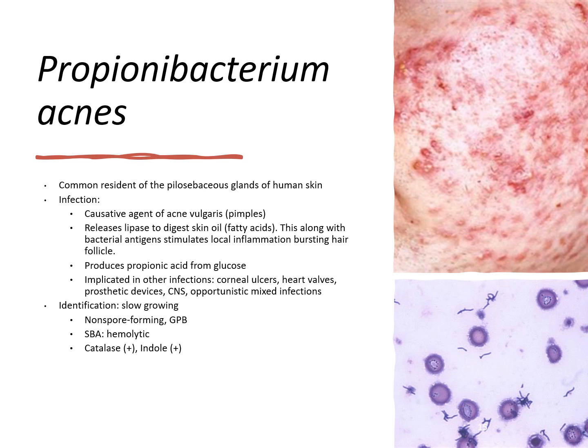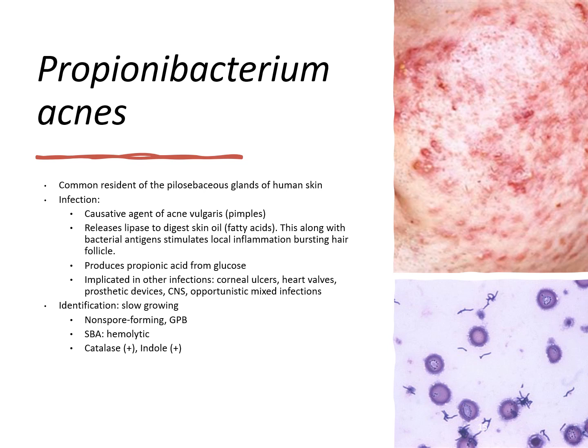Propionibacterium acnes is most commonly a resident of the hair follicles of the human skin, and this organism is the cause of acne vulgaris, or pimples. It releases a lipase that digests the skin oil, producing fatty acids.